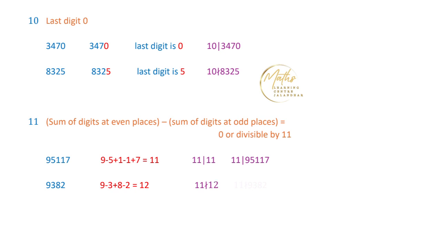So if 11 does not divide this value that we have calculated, then 11 does not divide the given number 9382. So these were some tests related to divisibility that you can use directly to check whether a given number is divisible by these numbers or not.